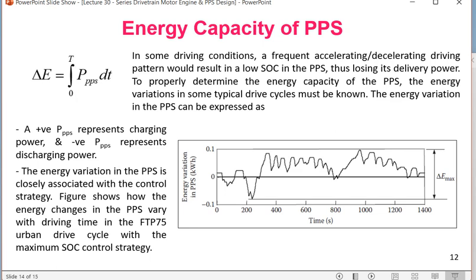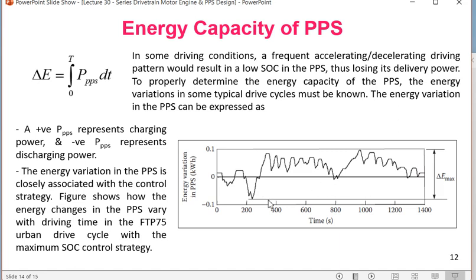For a long stretch the primary energy source is driving the vehicle and at the same time recharging the secondary energy source. So if 0 to T is a long stretch, the energy stored in the PPS will be more.